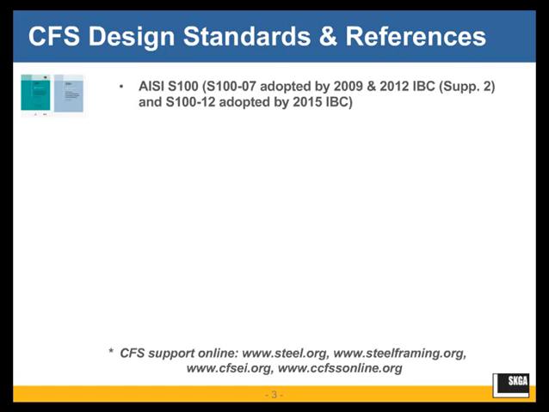The main document for cold form steel design is AISI S100. This is what's called the specification, and where one would go to design or determine the effective section of a particular cold form steel shape, determine flexural capacity, axial capacity, combined loading capacity, as well as determine connection strength.